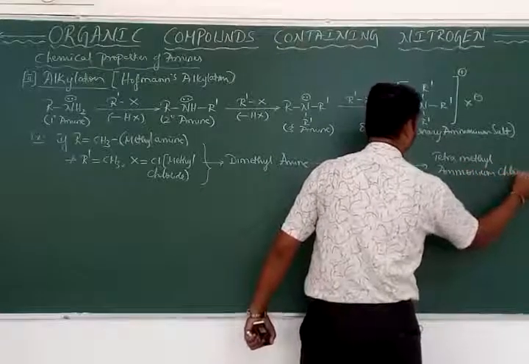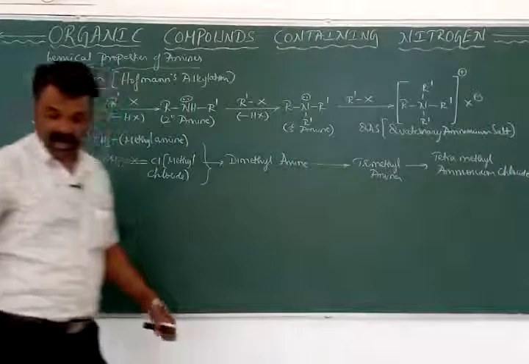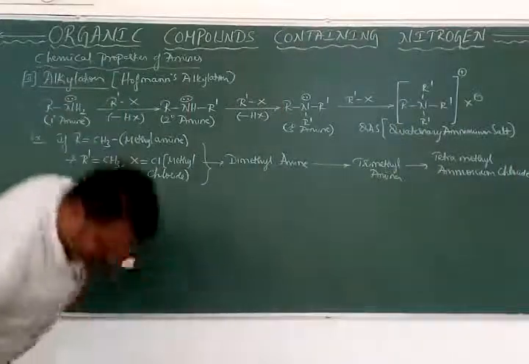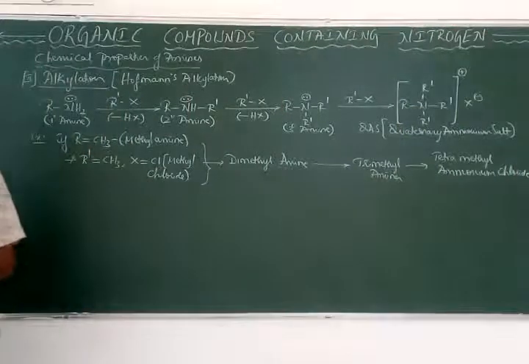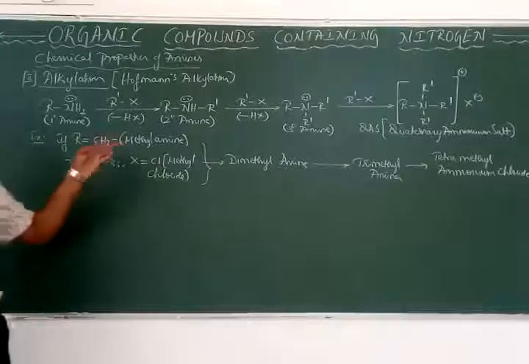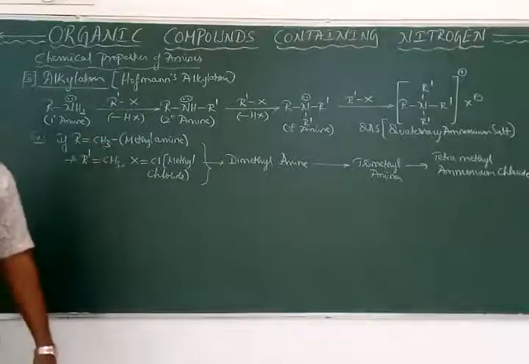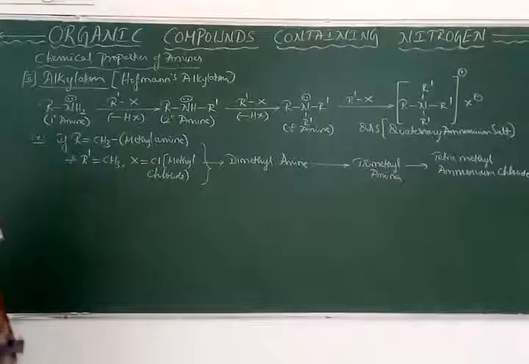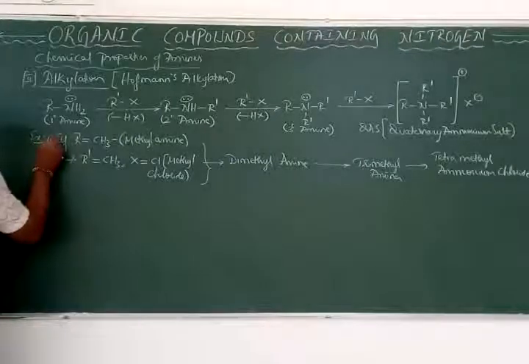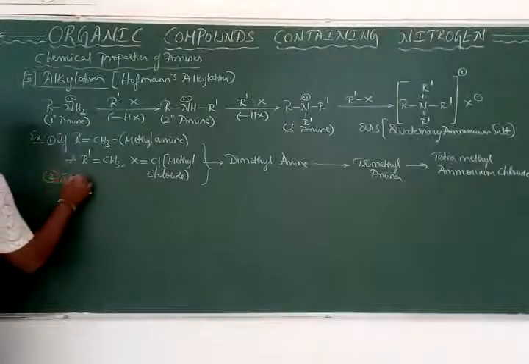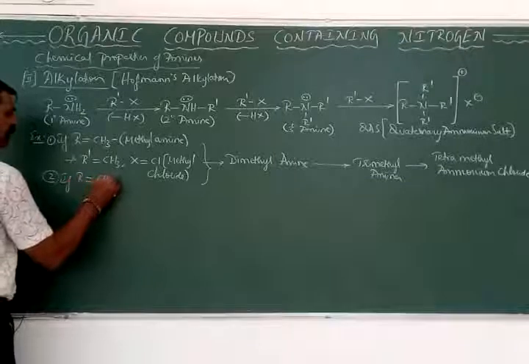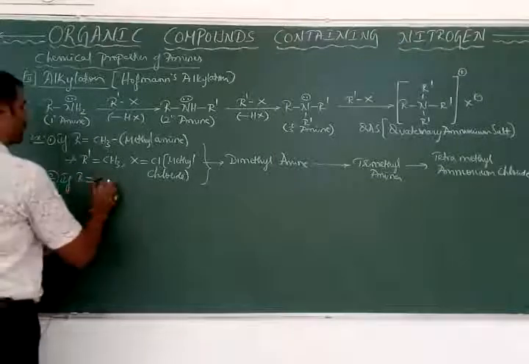It's an example of a QAS, which means quaternary ammonium salt. So that is an example of alkylation using R equal to CH3 and R' also equal to CH3. Okay. Suppose in example 2, R is equal to CH3 and R' is equal to, for example, C6H5, let us take that.